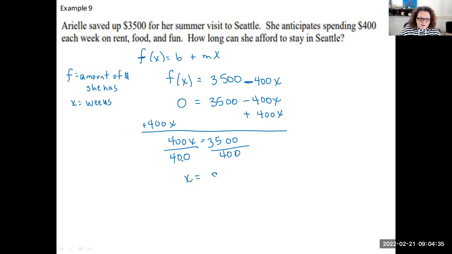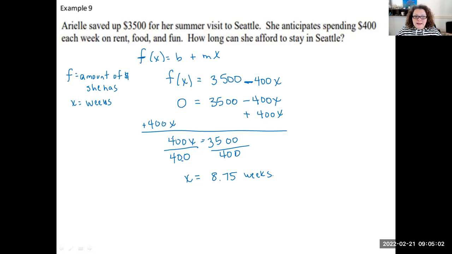So 8.75 weeks. Now, if on My Open Math, you're going to need to plug in 8.75 weeks. For me, if you rounded to 9, could she actually stay? Could she afford to stay 9 weeks? She ran out of money at 8.75 weeks.